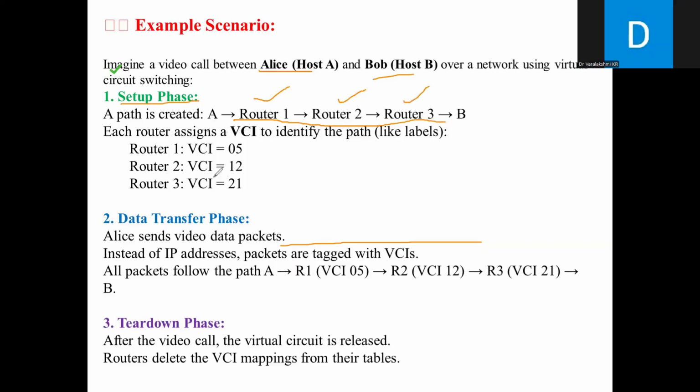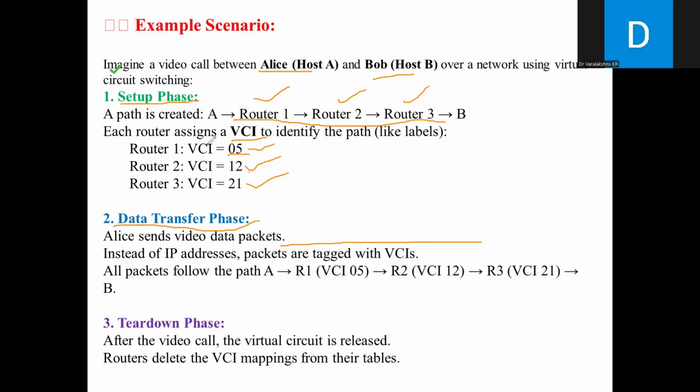Each router is assigned a VCI to identify the path, like a label. In this example, router 1 has VCI number 5, router 2 has virtual circuit identifier number 12, and router 3 has VCI number 21. This is the first setup phase. Then the second phase, we move to the data transfer phase.